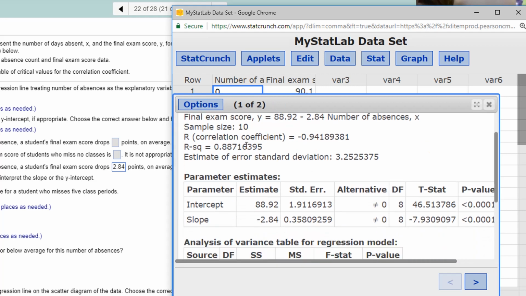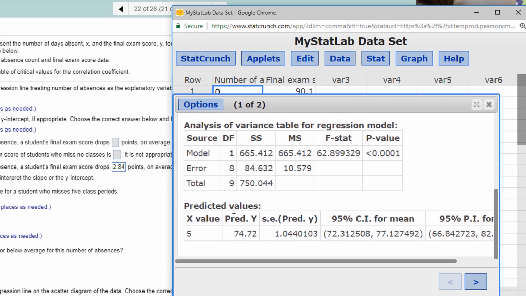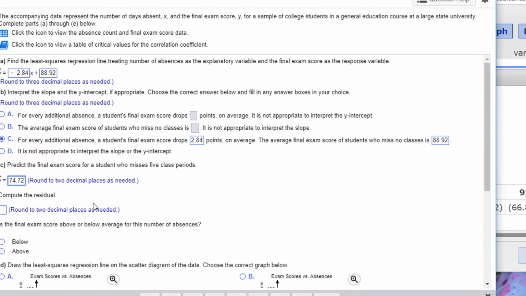I have to scroll down a little bit. It's down below. Predicted value. For 5, we would predict 74.72. That's what you'd predict.